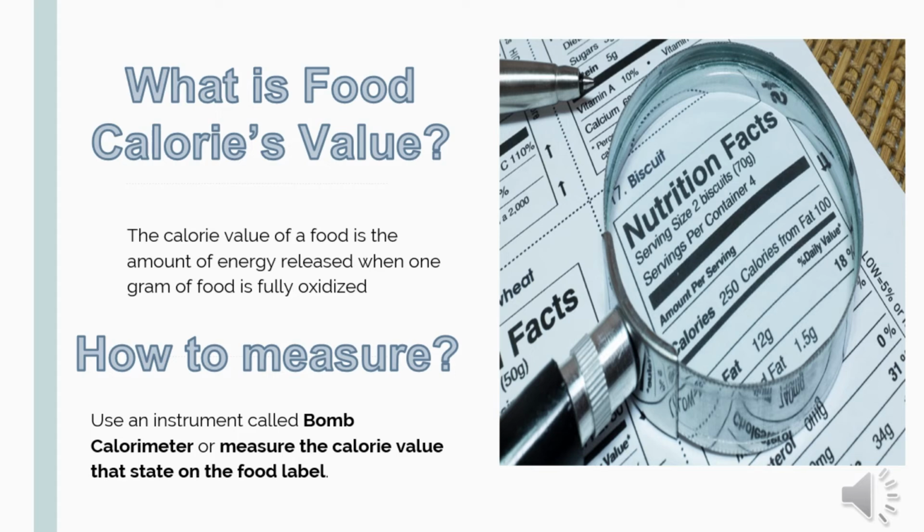So in every food that you eat every day, you take it in the morning, evening, night, it all has its own calorie value. So how do you want to measure the value? There will be two ways, which are by using an instrument called a bomb calorimeter, or by reading the calorie value that is stated on the food label.